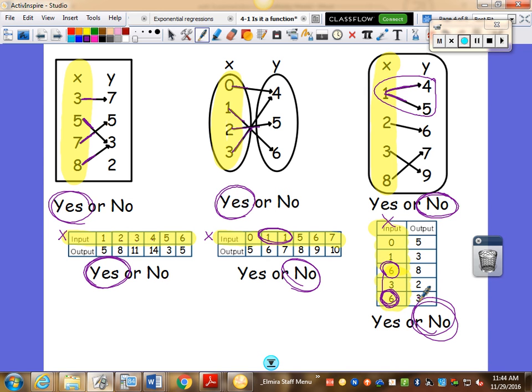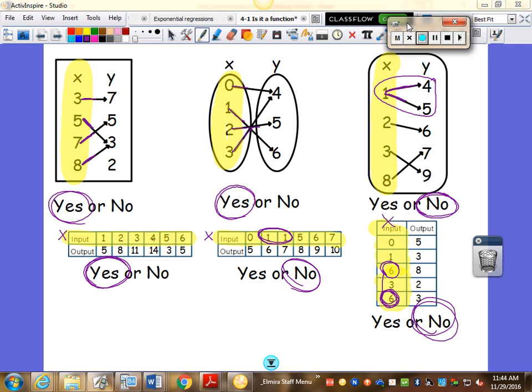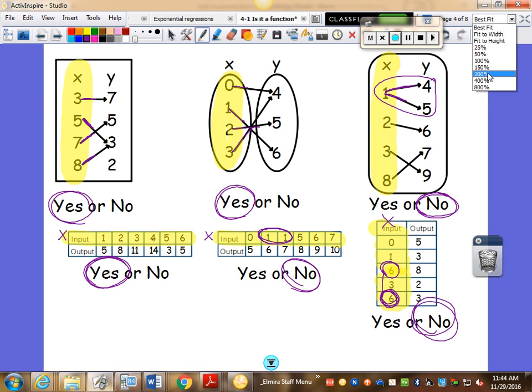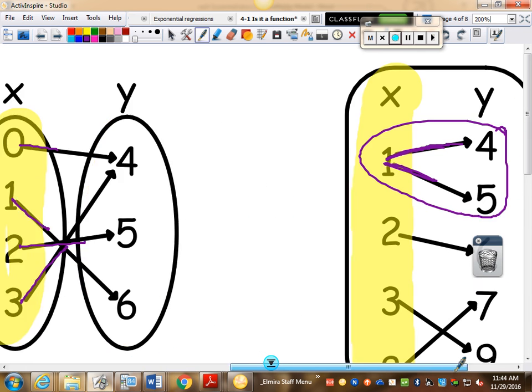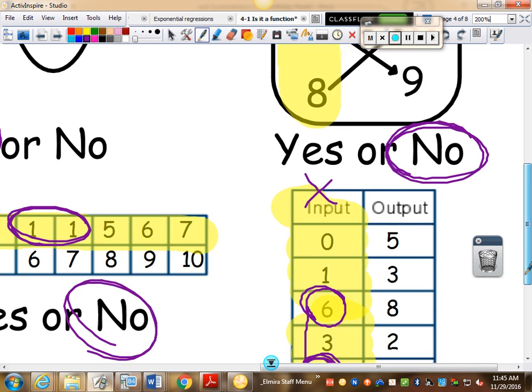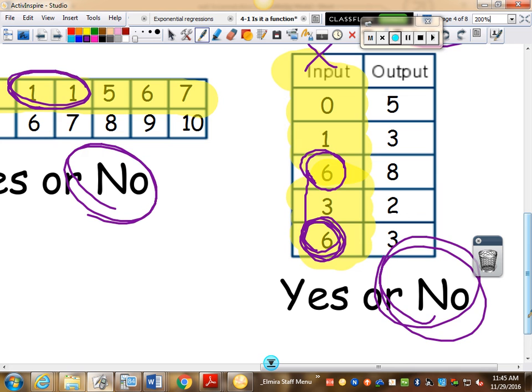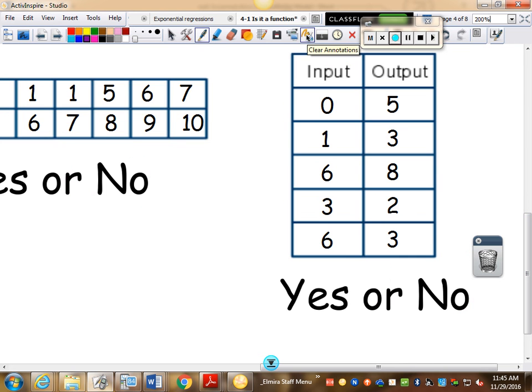Now, one thing I want to point out is if this was a negative 6 instead of a positive 6, then we would not say that 6 and negative 6 are duplicates.